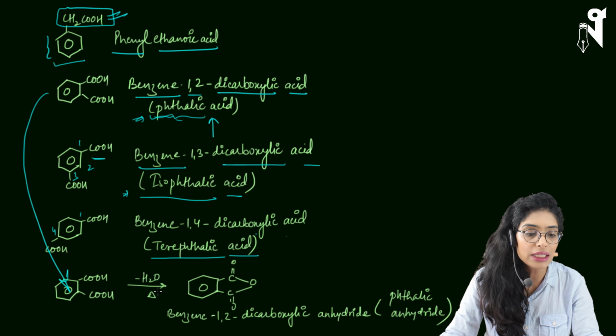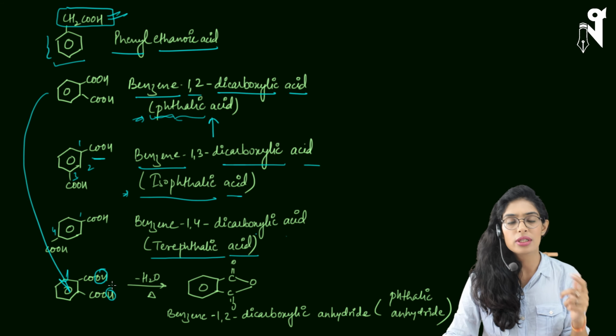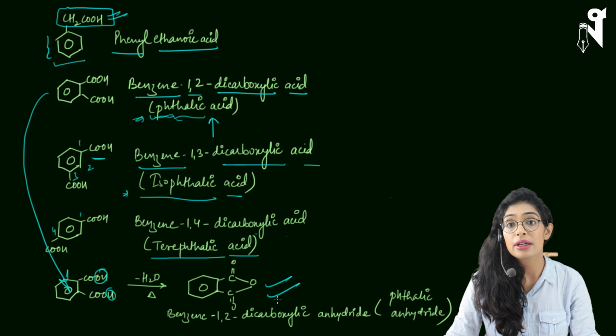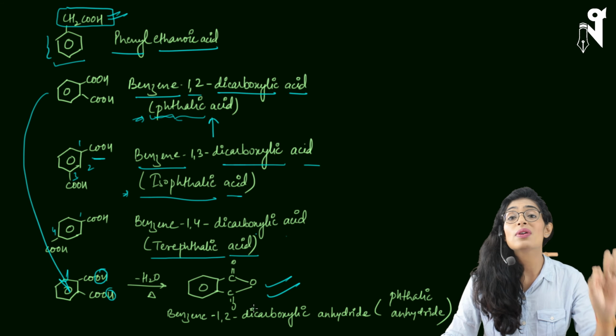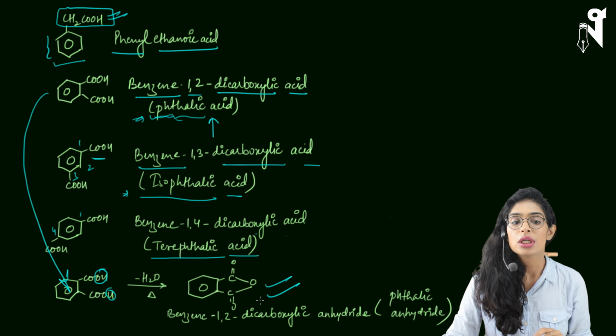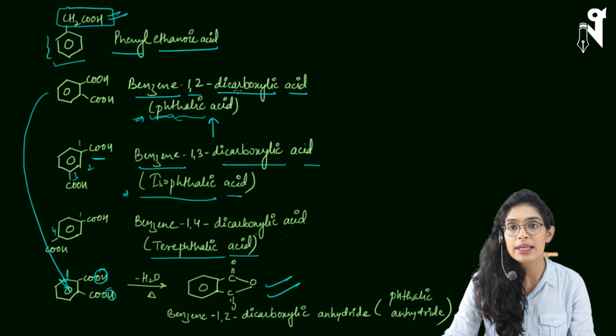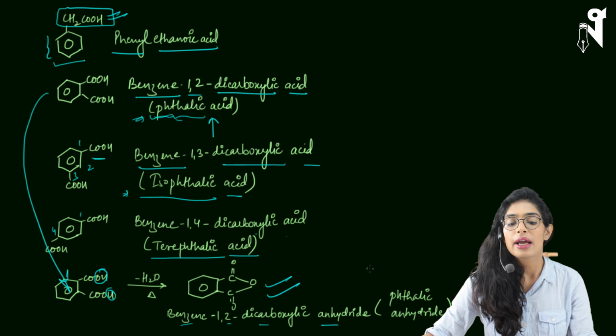When I supply heat, it will lose OH from here and hydrogen from here, or the other way around. Either way is fine. Then it will combine and form a cyclic anhydride. The name of this anhydride will be based on the name of the acid. The acid name was benzene 1, 2 dicarboxylic acid, so the anhydride will be benzene 1, 2 dicarboxylic anhydride, or we also call it phthalic anhydride.